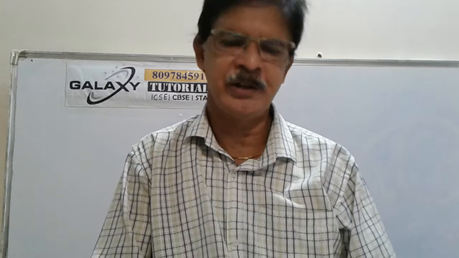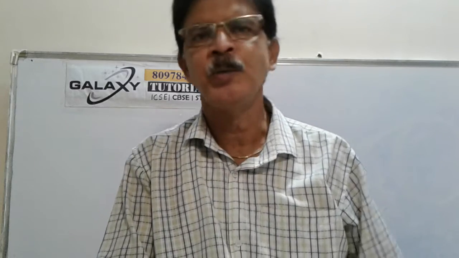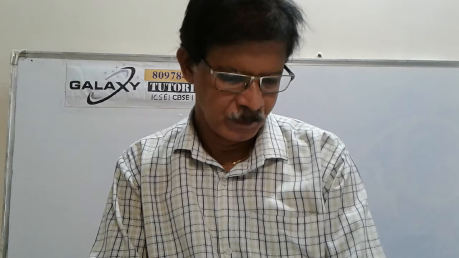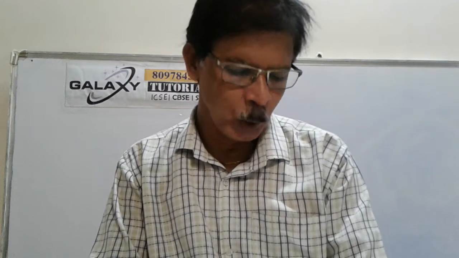Then comes humanities. Now, what do you mean by humanities? Humanities include disciplines like history, archaeology, sociology, anthropology, meaning the study of human beings and their origin, political science, economics, etc. This all comes under humanities. To understand the history of the origin and development of these disciplines is an essential part of their learning.